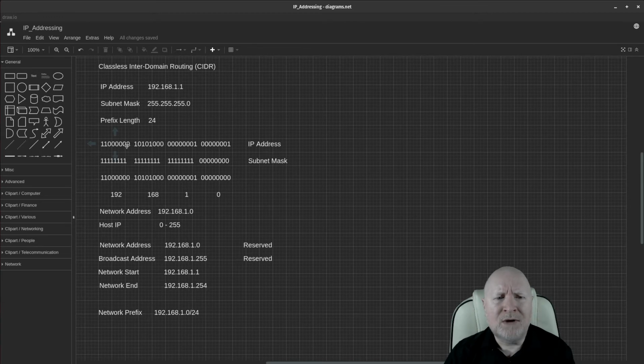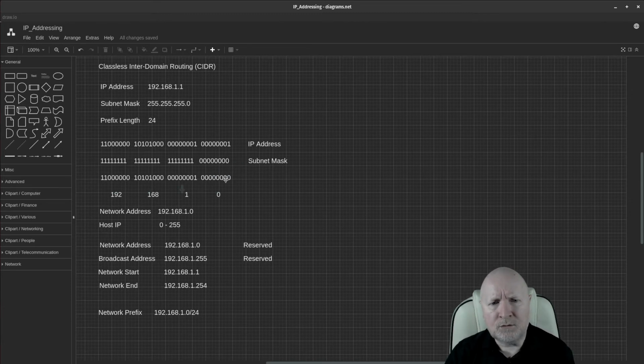So what we do to derive the actual network is we perform a logical AND against these numbers. When it comes to ANDing 2 binary numbers together, 1 and 1 means 1, anything else means 0. So 0 and 1 means 0, 0 and 0 means 0, 1 and 0 means 0.